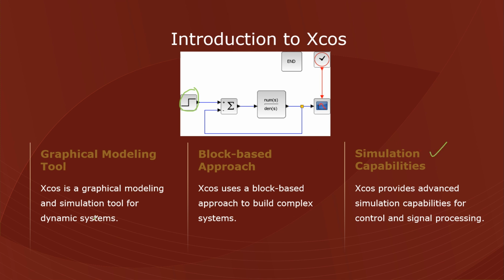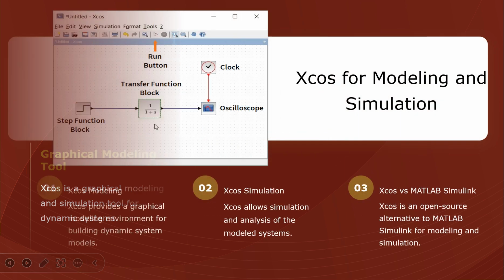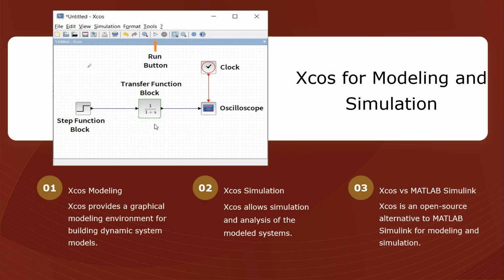So if you open Xcos, this is what the interface will look like. You will have your menu bar. This is the run button. After you're done with the blocks, you drag and drop the blocks from the library browser, similar to what you have in Simulink. For example, here I have a simple step function block, and here is the transfer function.